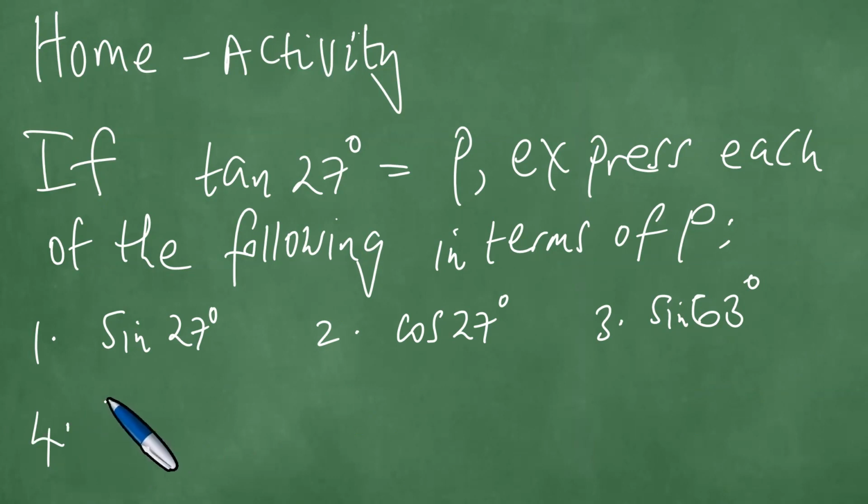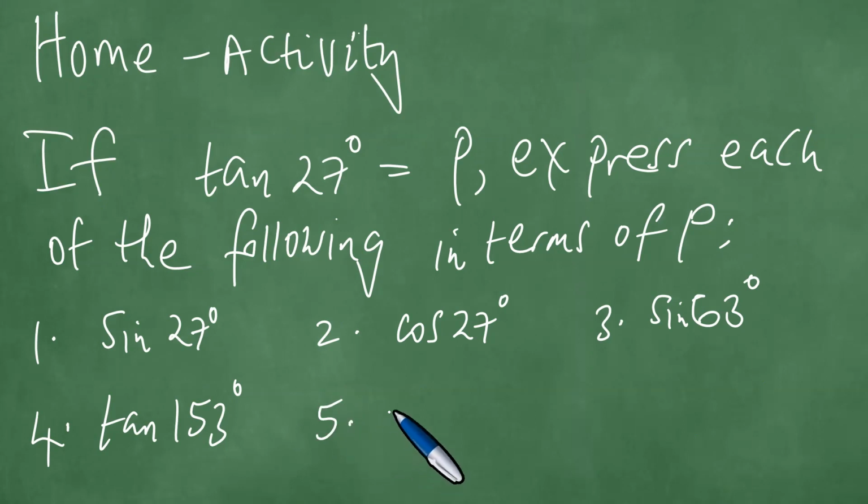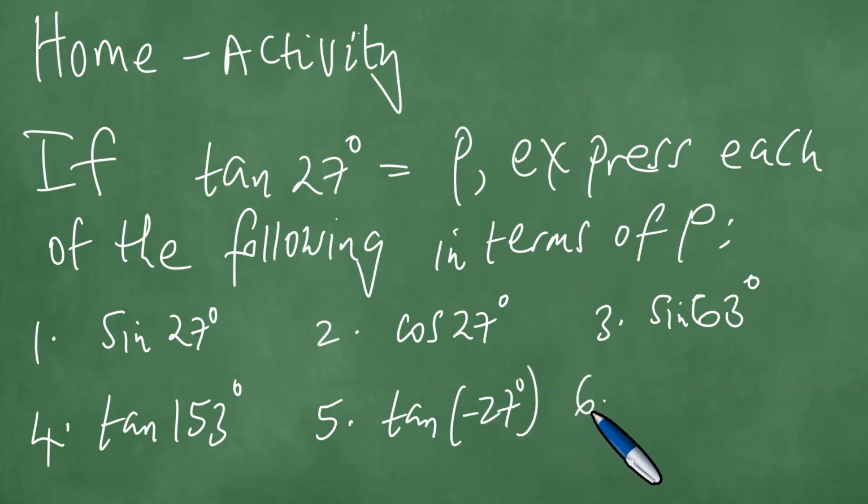Number 4, the tangent of 153. Number 5, the tangent of minus 27 degrees. Number 6, cosine squared of 387.